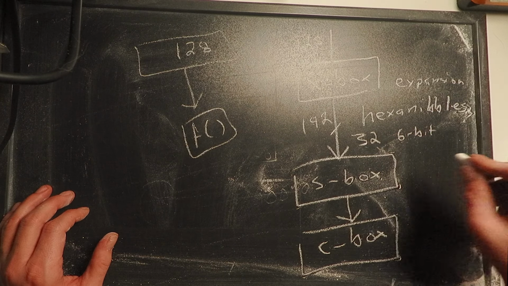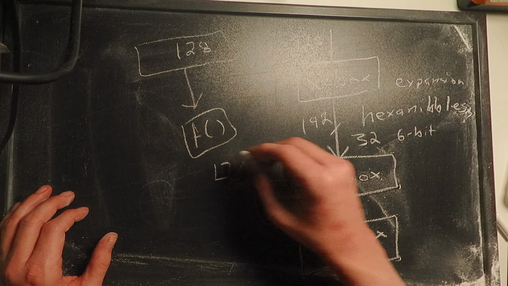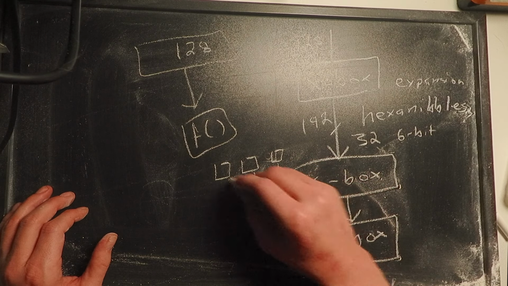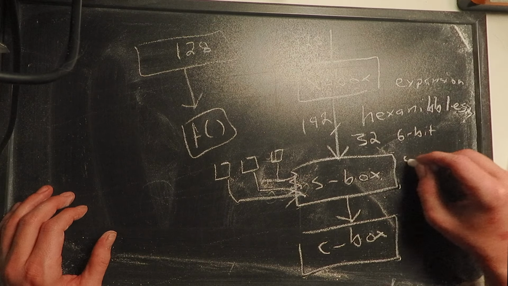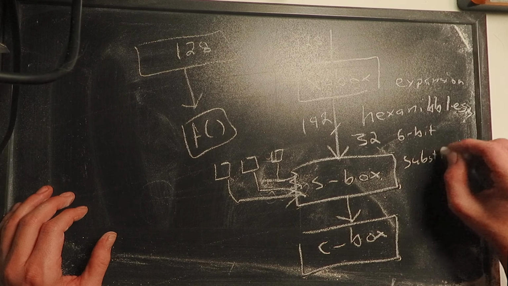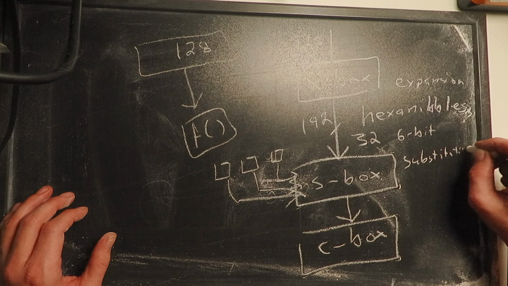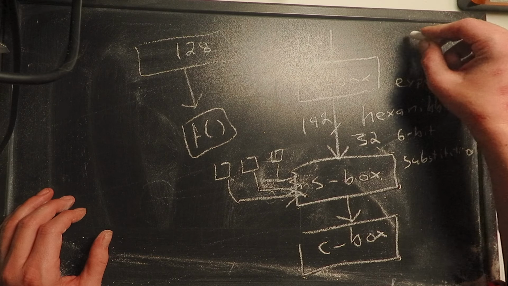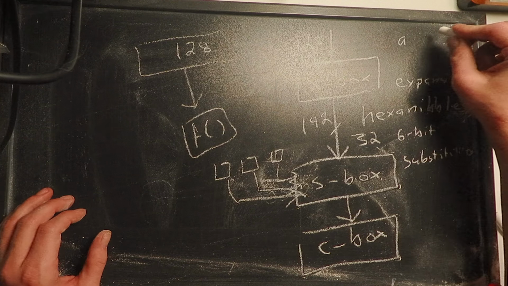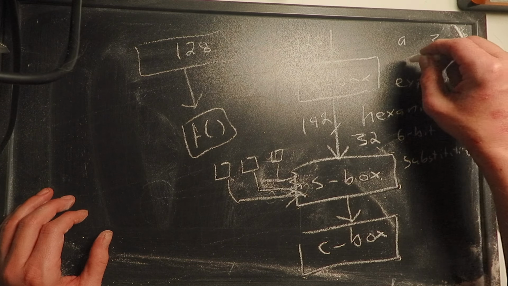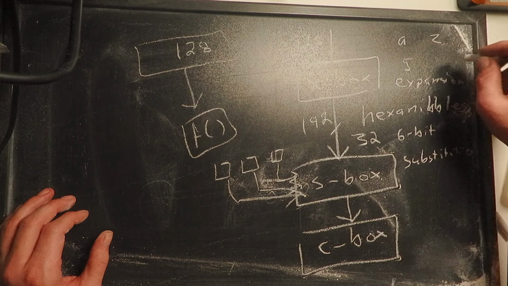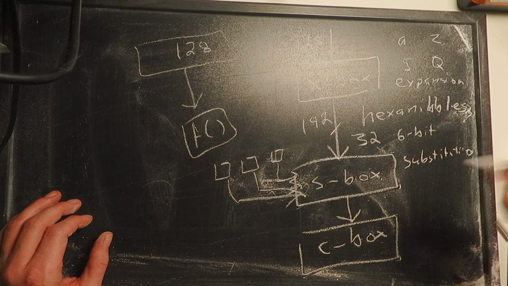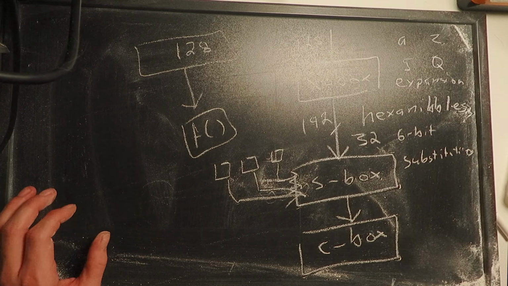And each one of these groups, so if we have one here, one here, one here, they will be individually put into this S substitution box, which is what the S stands for. So basically, if we go in with a character A, for instance, maybe we go out with a Z, and if we go in with a 5, maybe we go out with a big Q or something. So for each input, there's a predefined output.